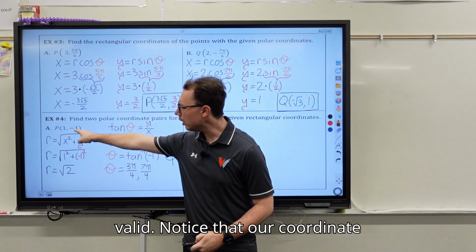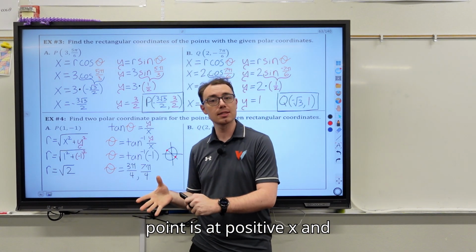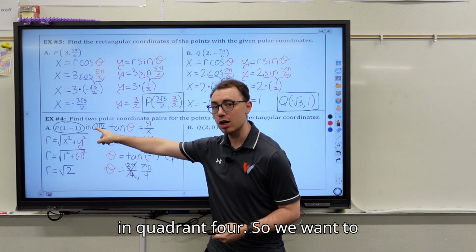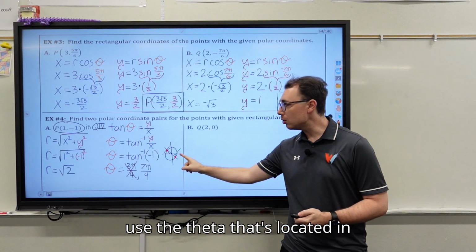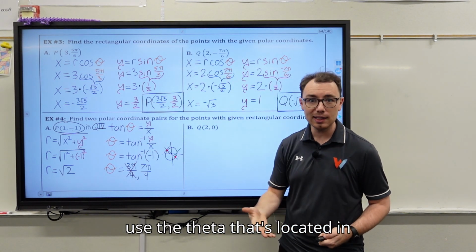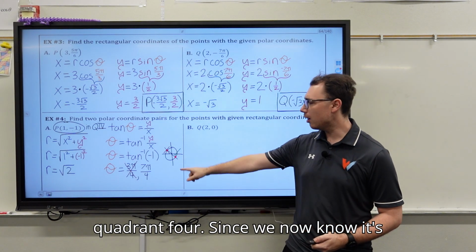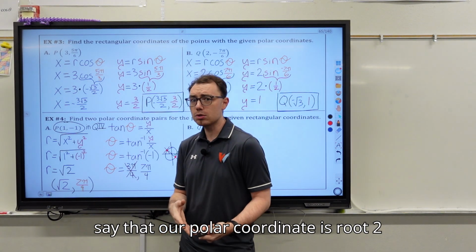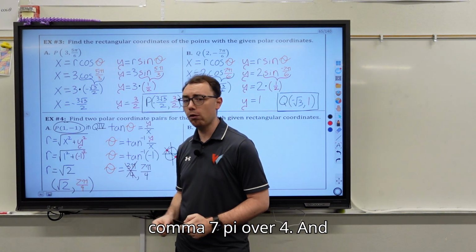Notice that our coordinate point is at +x and -y, meaning that this is in quadrant 4. So we want to use the theta that's located in quadrant 4. Since we now know it's going to be in this point here, we can say that our polar coordinate is (√2, 7π/4).